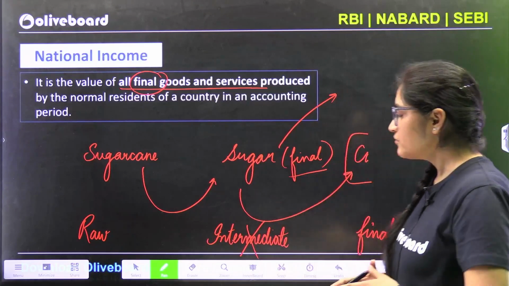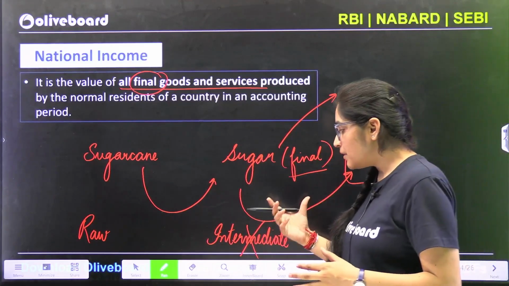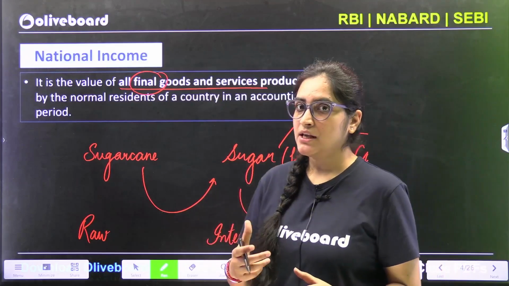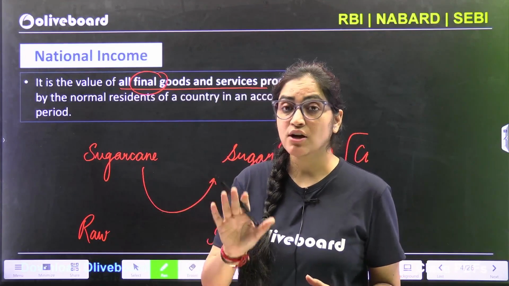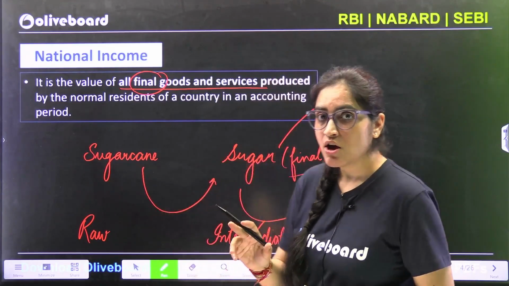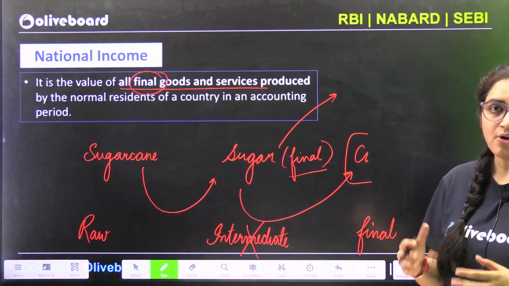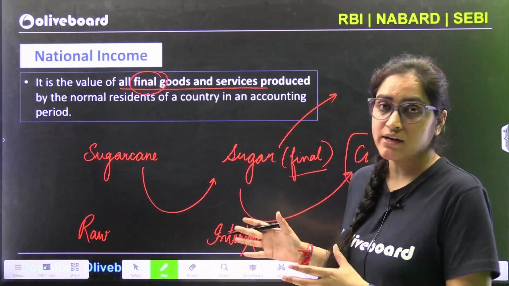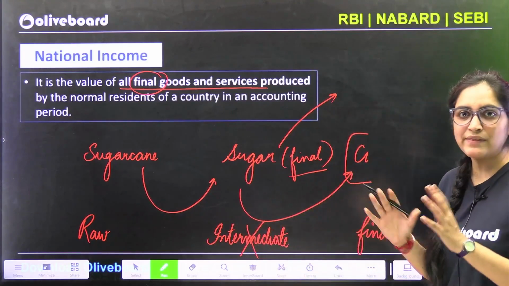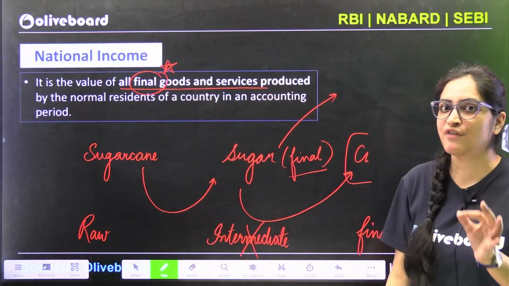Now, that simply means a particular product cannot be said to be final or intermediate. It is not that rigid. It depends on what the consumer is asking for, and how the consumer is aiming to consume that product. So that is your final good. But one thing is clear, final is the keyword that you must use when you are defining your national income.